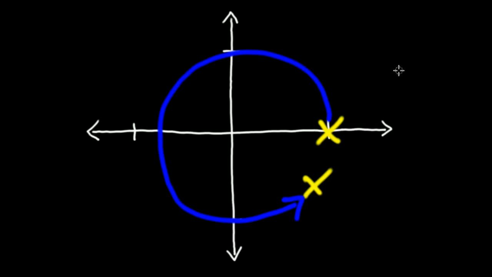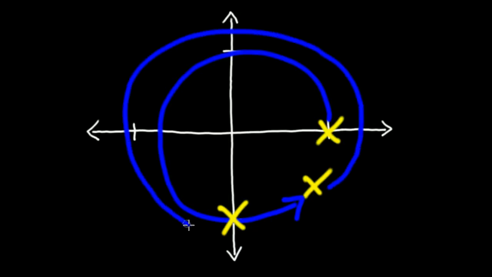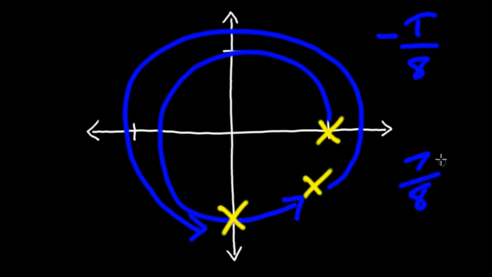And then if we look at the next sample, couldn't that have been from here around 7/8 of a turn this way? Well, that's interesting. Instead of being negative tau over 8, couldn't this be positive 7/8 tau? Huh. It could be either one, couldn't it?